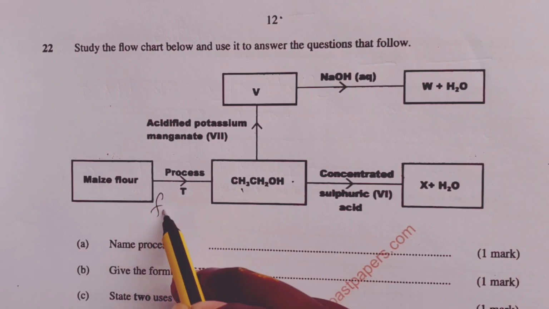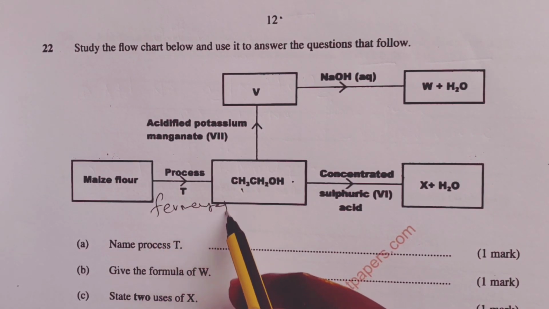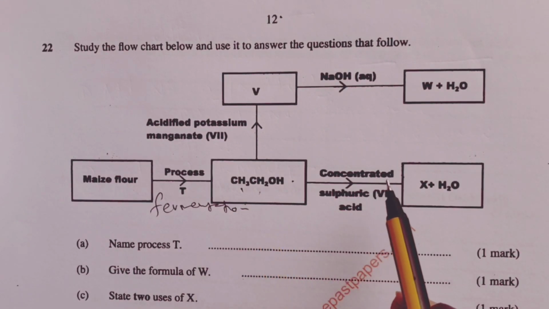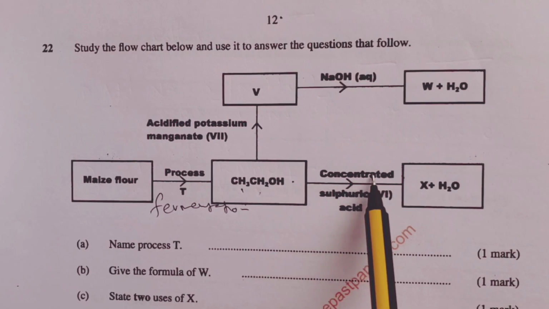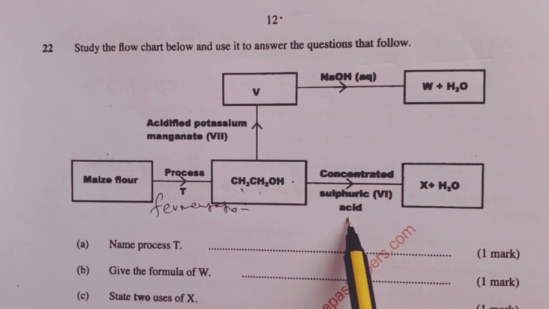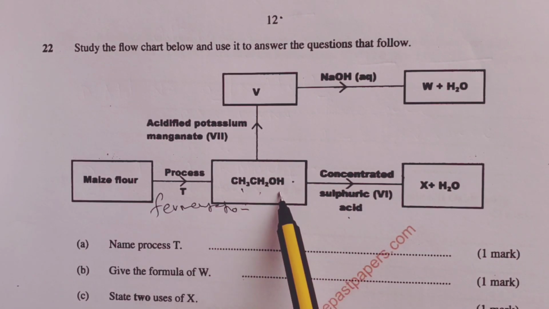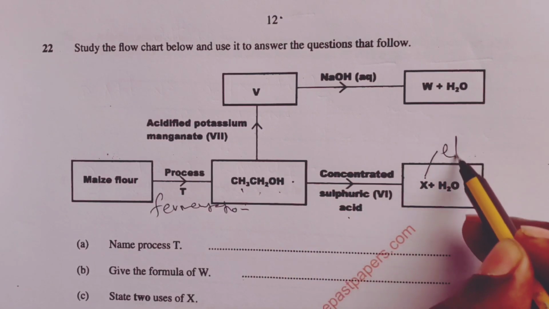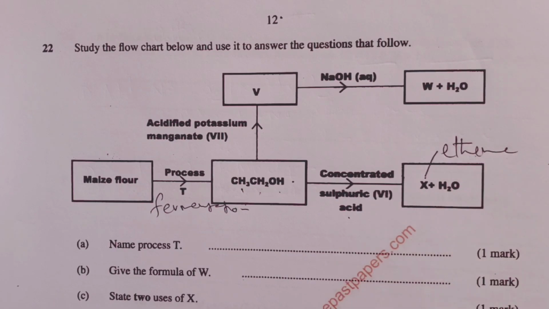Process T is simply fermentation. When we get ethanol here, we react it with concentrated sulfuric 6 acid, which dehydrates it to obtain here ethene and water. Dehydration means we shall remove elements of water from the ethanol.